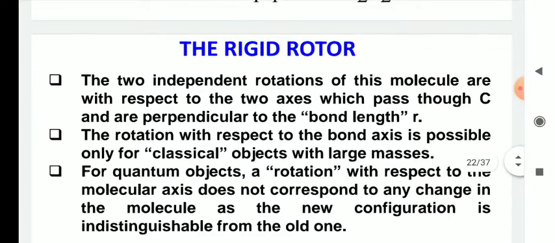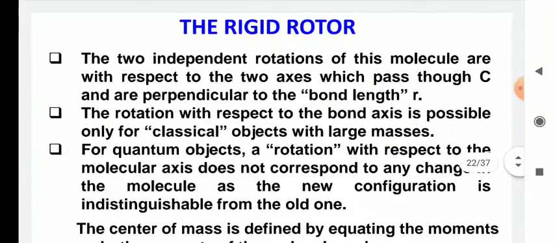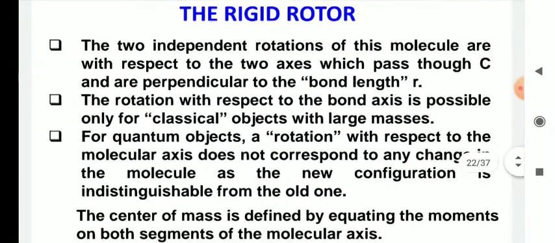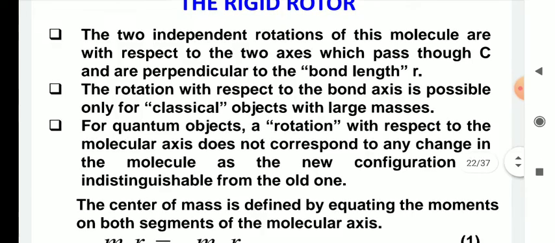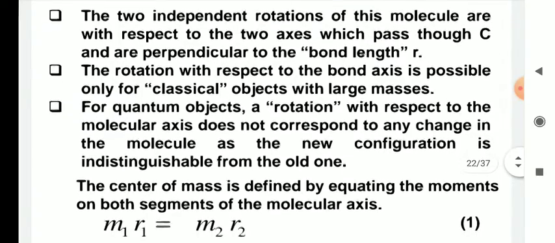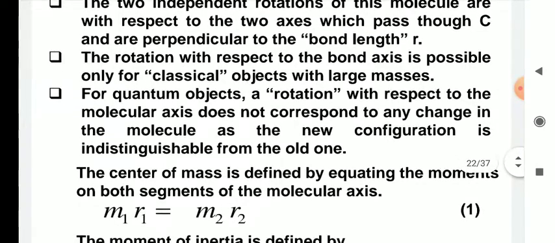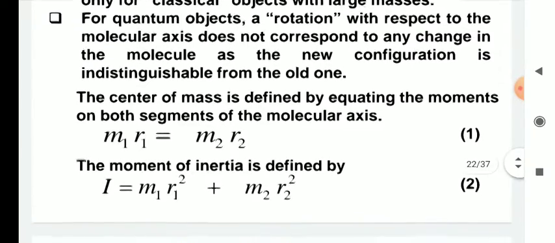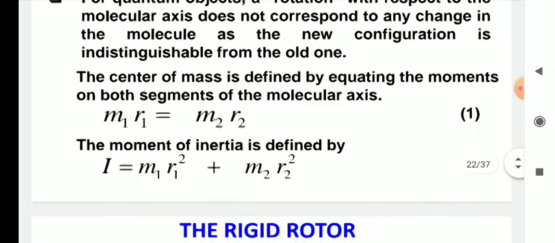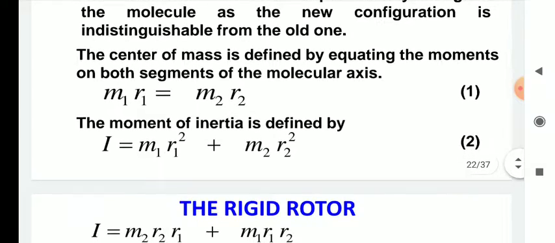The two independent rotations of these molecules are with respect to the two axes which pass through the center of mass C and are perpendicular to the bond length R. The rotation with respect to the bond axis is possible only for classical objects with large masses. The center of mass is defined by equating the moments on both segments of the molecular axis.